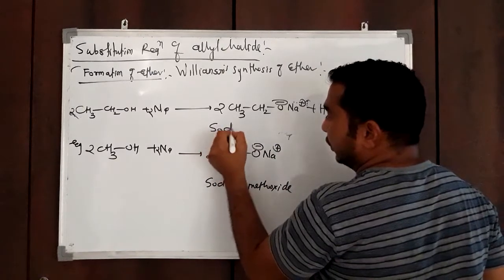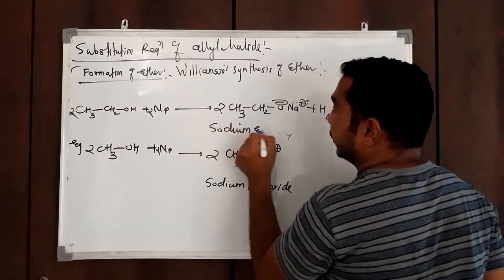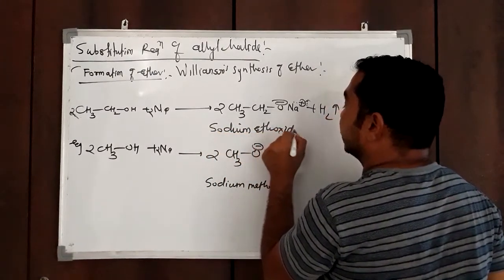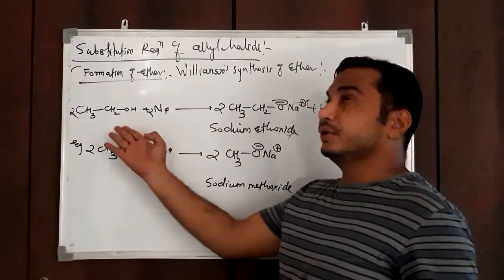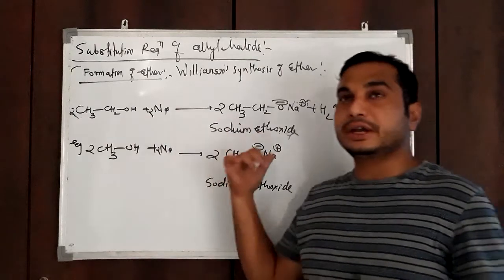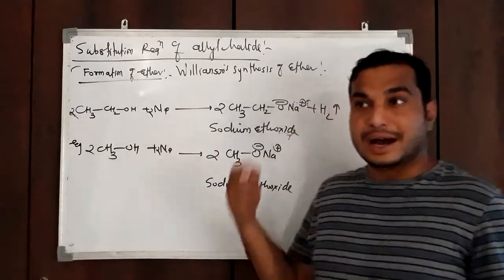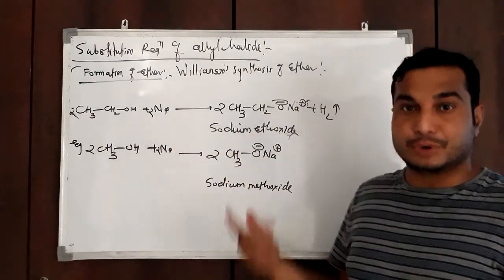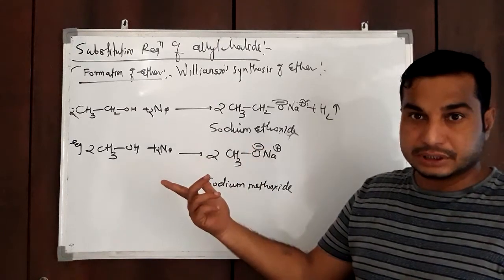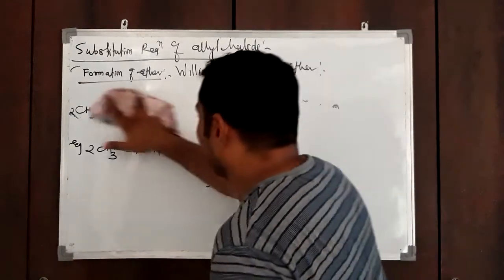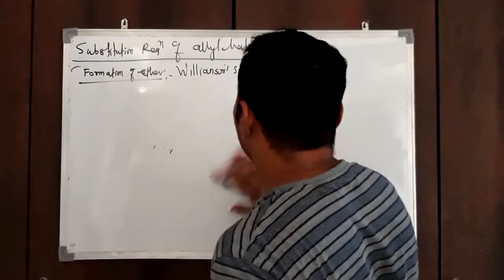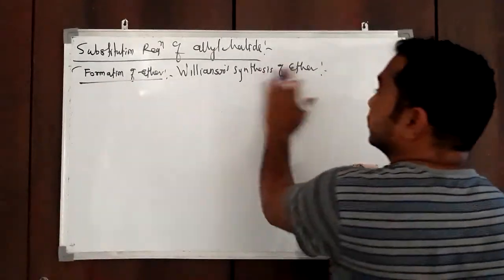It is called sodium ethoxide. Okay, so these are the reactions. Take any alcohol. If we take n-propyl alcohol, you will get n-propoxide. Isopropyl alcohol, you will get isopropoxide, tertiary butoxide, like this. So this compound, sodium alkoxide, we have to use in Williamson synthesis.